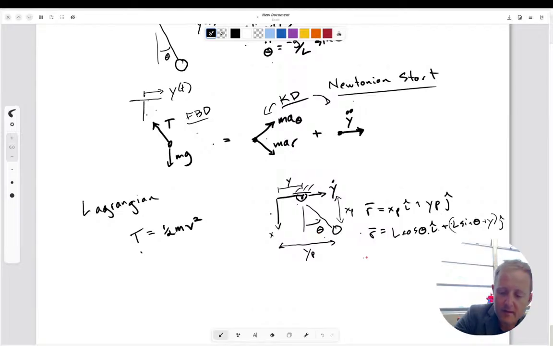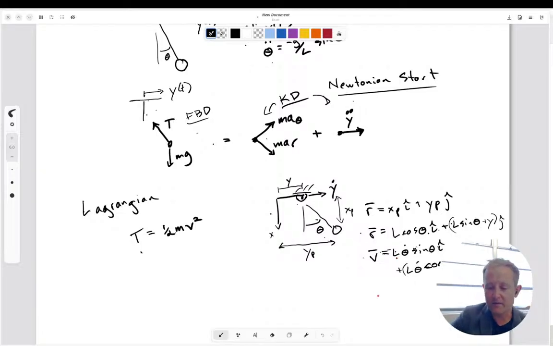Cool. Now velocity is going to be L theta dot times, and that'll be a negative, but it's okay, we'll add it. And then plus L theta dot cosine theta plus y dot all along that j direction.